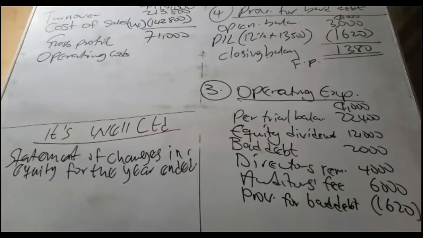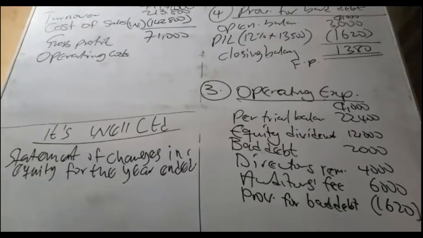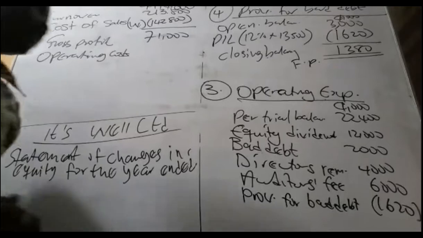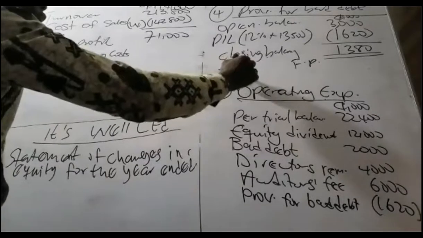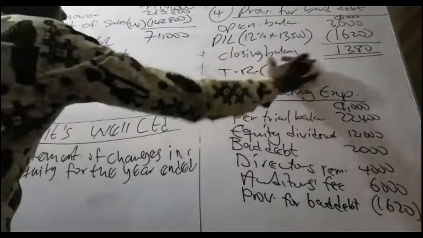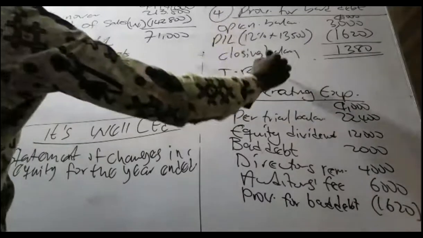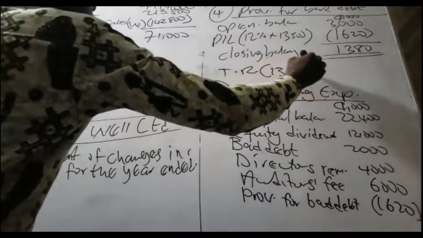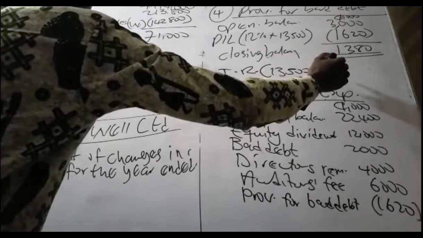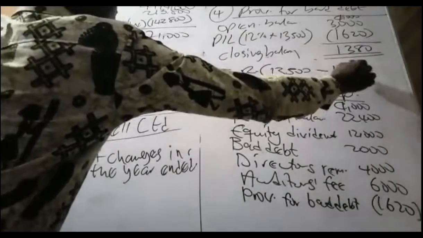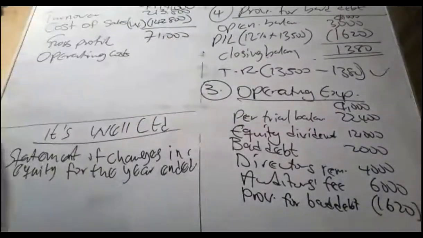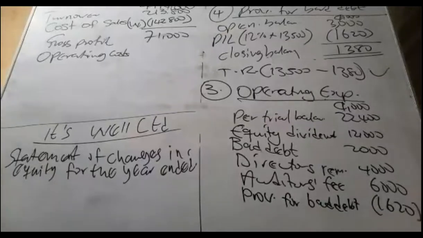Then less the closing balance. What's the closing balance? 1380. So open a bracket. So assuming that you recorded trade receivable, open a bracket, tell the examiner that it is nothing by 13,500 less what? 1380. Then put the answer there. You are done.